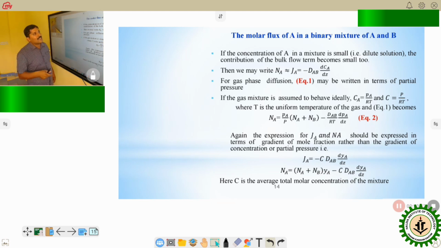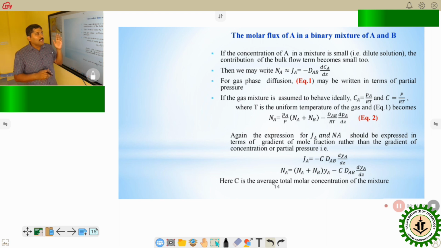In that case, it is a dilute solution, and the contribution of the bulk flow term becomes very small. So for a dilute solution, N_A is equal to J is equal to minus D_AB into dC_A by dz.